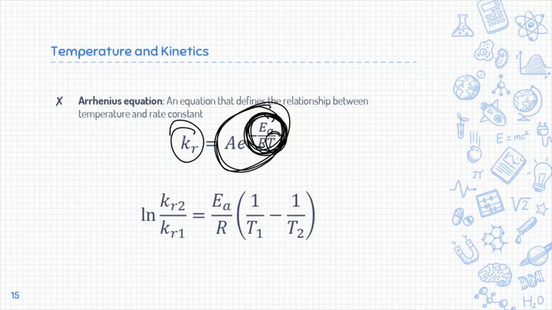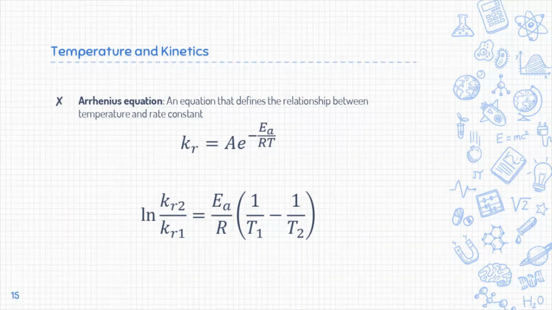Second, it shows a relationship between activation energy, which is basically the minimum amount of energy required for products to form, and rate constant. So let me erase that for a sec. Activation energy and rate constant.